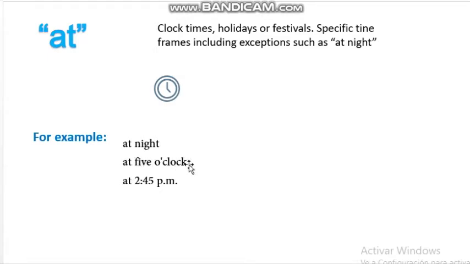At 5 o'clock it says here, but we can say at 2:30, for example, at 12 o'clock, at 7:15, whatever time of the day you want to use with at. So we have some examples to use at.